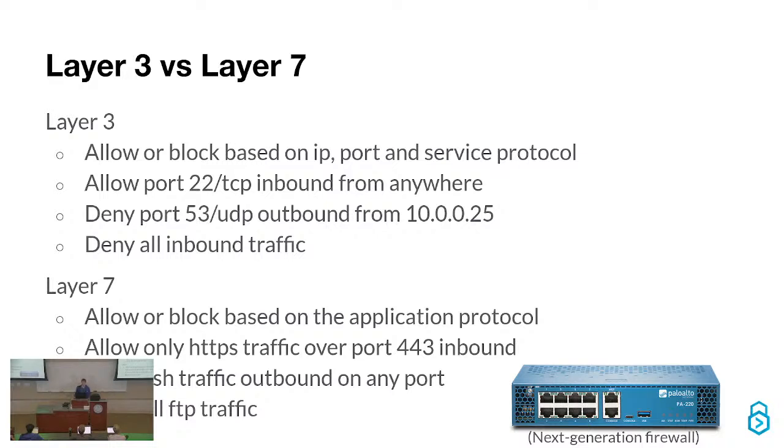Layer 7 firewalls, or next generation firewalls, whatever, fancy terms, actually do packet inspection to figure out what the actual traffic is. So it might be port 22 TCP, but is it actually SSH traffic? Is it HTTP traffic instead? A common way that red team can get out of a network is by going over a port like port 443, which is normally HTTPS.